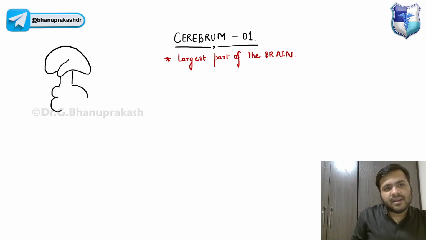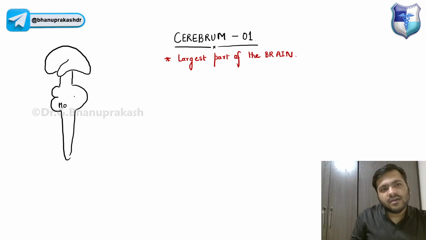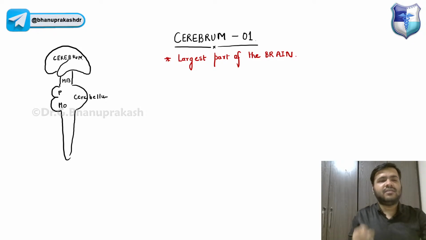Behind we have the cerebellum, and we have the spinal cord, that is the continuation of the medulla oblongata. Above we have the diencephalon, and over here it is the cerebrum. So it is the largest part of the brain.